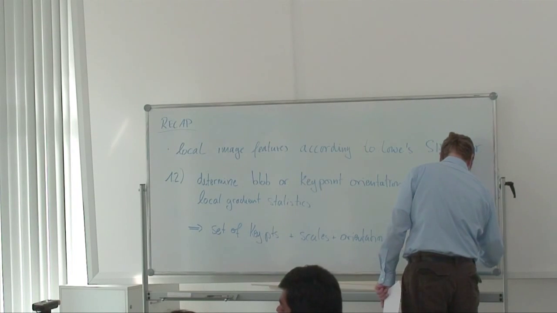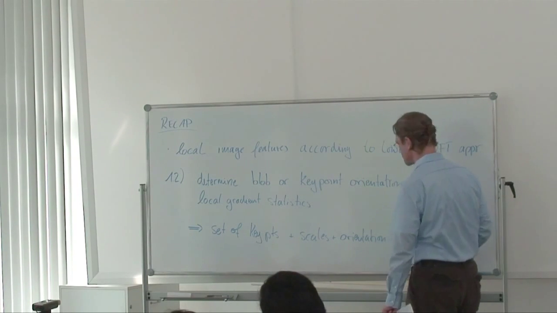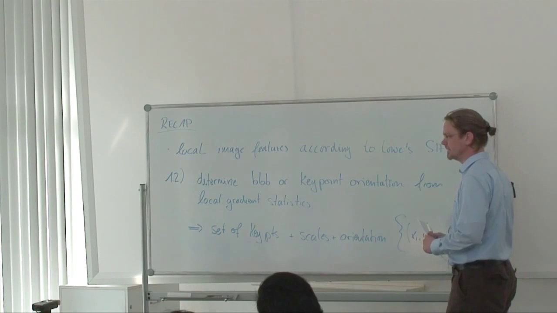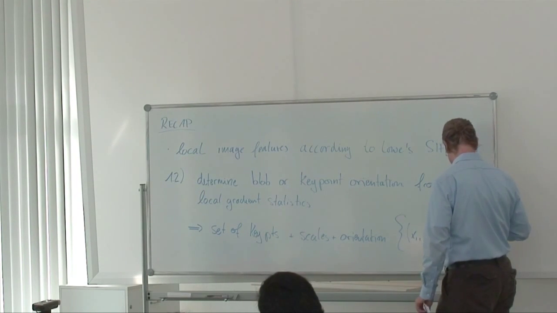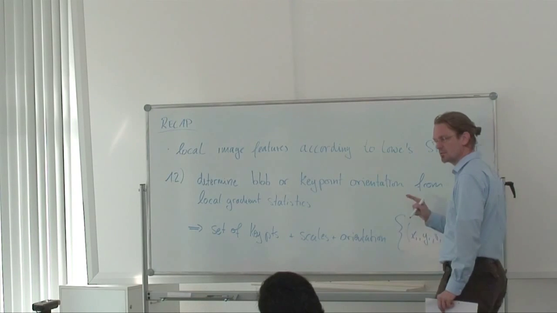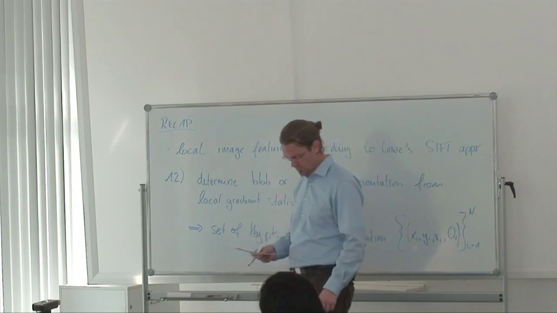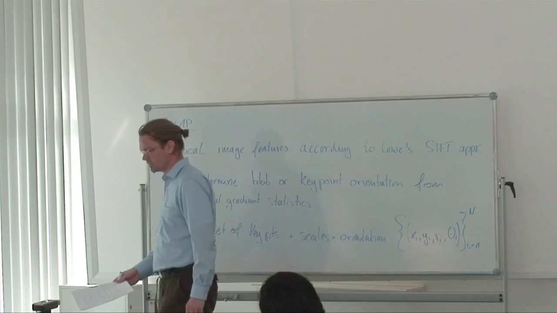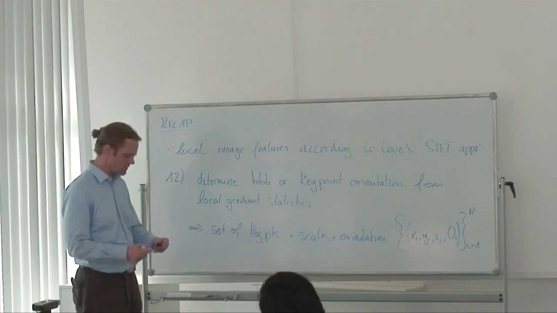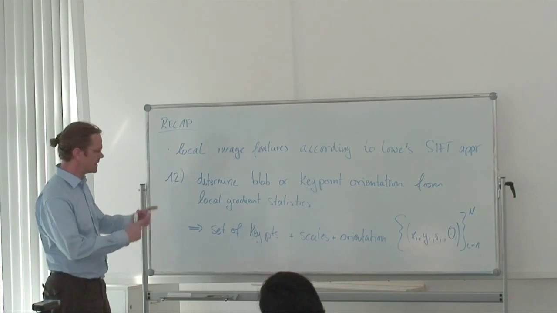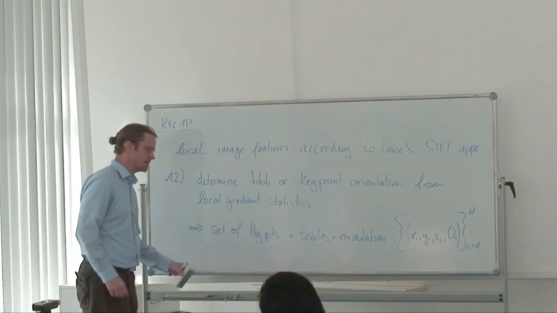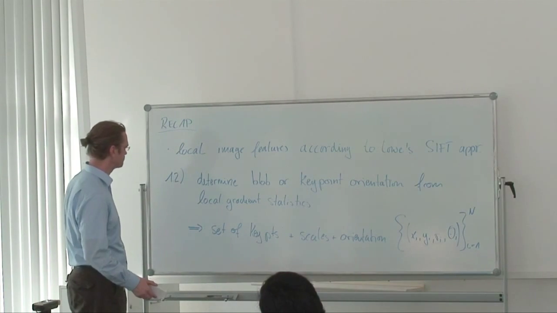Because of the possibility of having to clone key points, this may actually be a larger set than the set we determined previously. So this time i ranges from 1 up to capital N, where that capital N may be larger than the lowercase n we saw earlier.